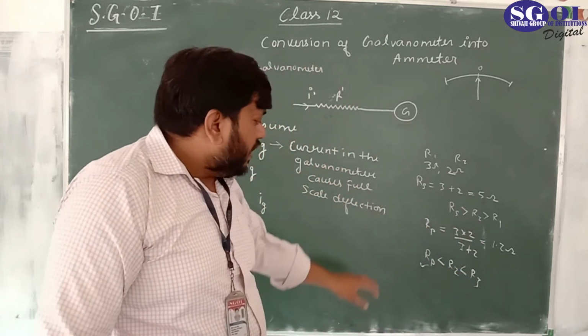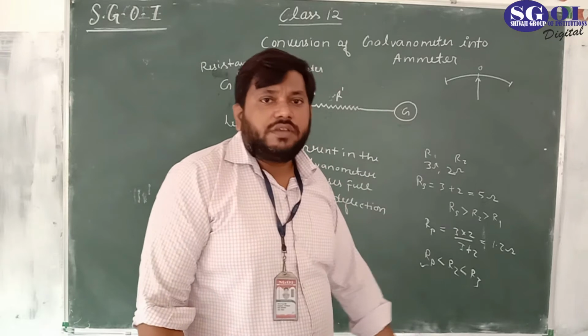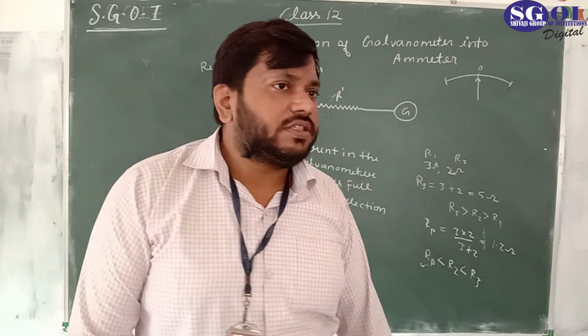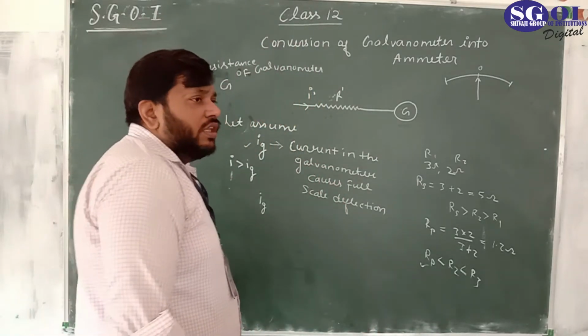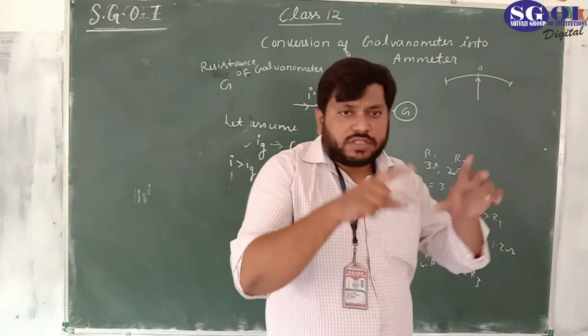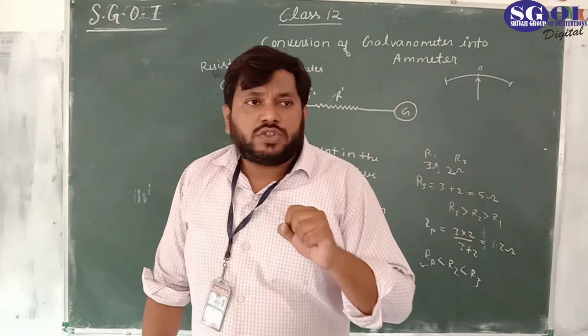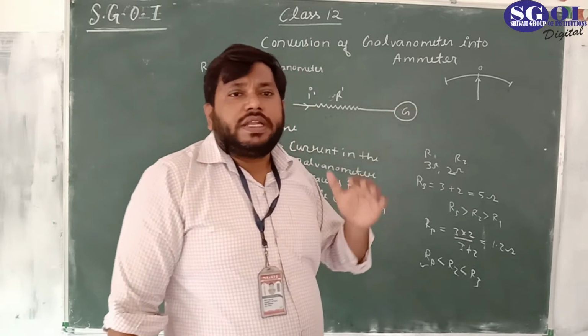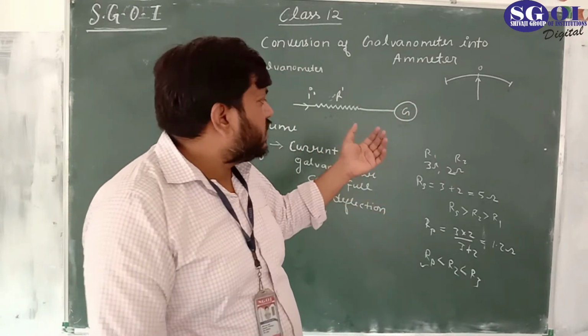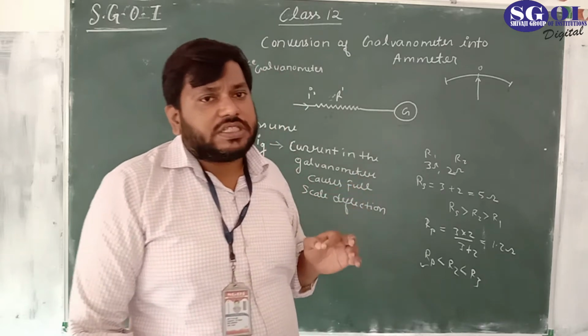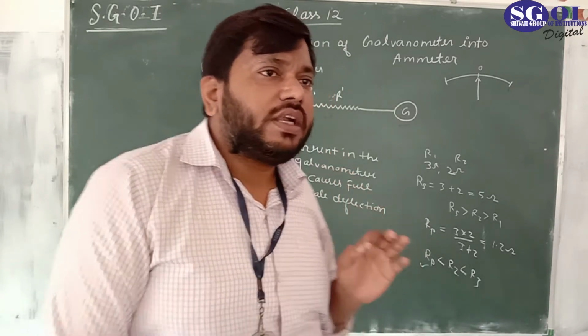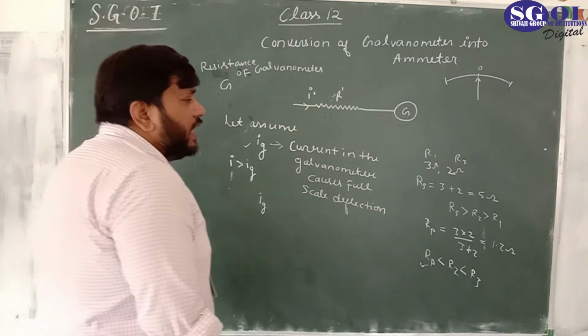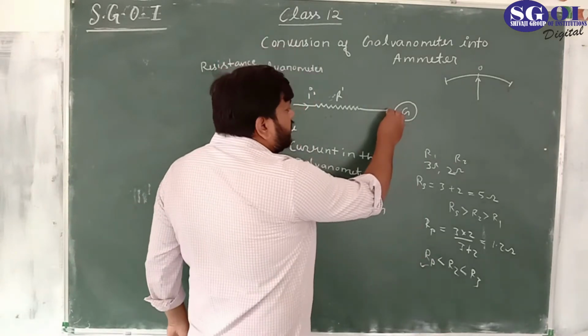It means if we connect a resistance in parallel, the resistance of the overall circuit would become smallest. So if you want to make the resistance of the galvanometer negligibly small, we have to connect a resistance in parallel.